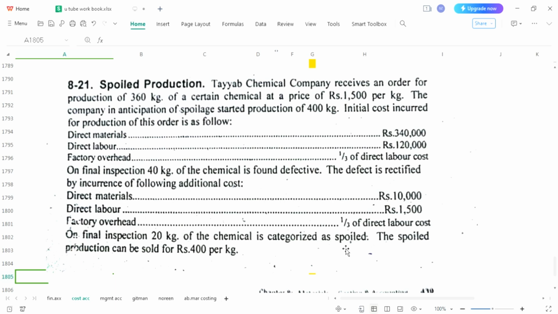The first entry is the same for all defective and spoiled parts, so it would be written as it is. Then we will have our defective entry, third would be the spoiled entry, and fourth will be the finished goods entry. So instead of solving separately, spoiled and defective goods would be written at the same time.